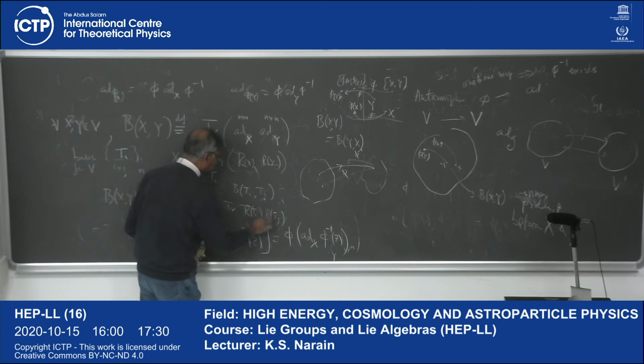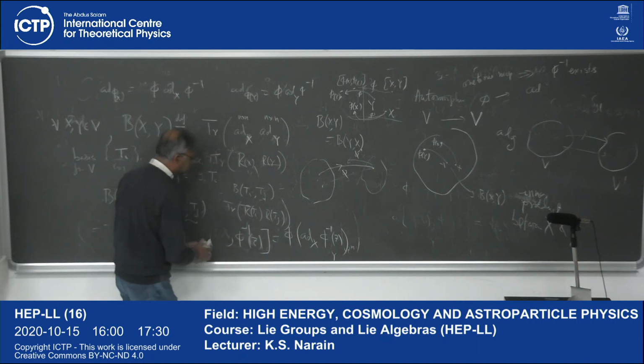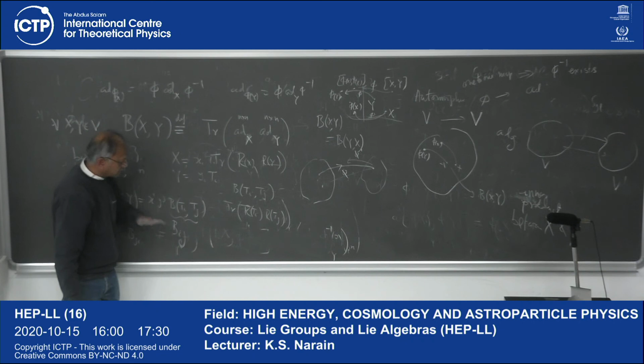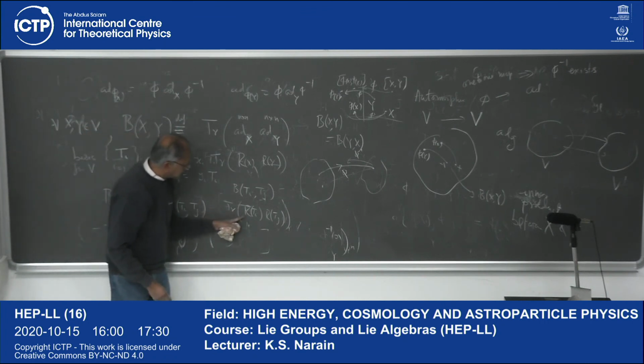The answer turns out to be that it will be, for the class of algebras we are interested in, which are simple algebras. We will see next time what simple algebras are. For those classes of algebras, this will be proportional to that, some overall number independent of ij.